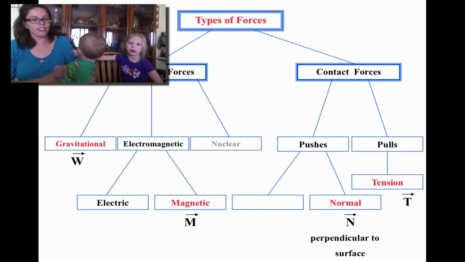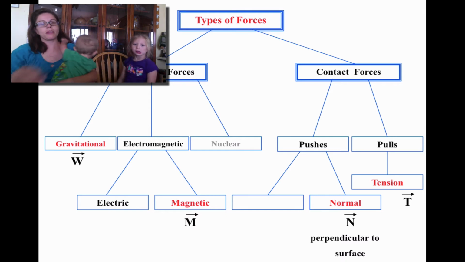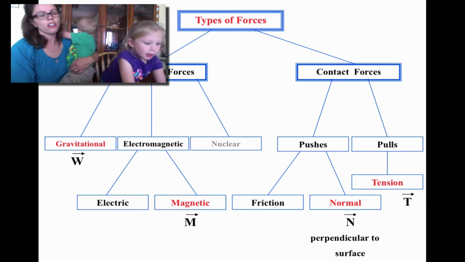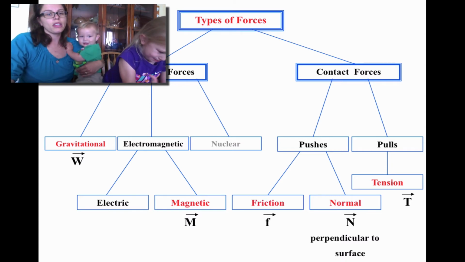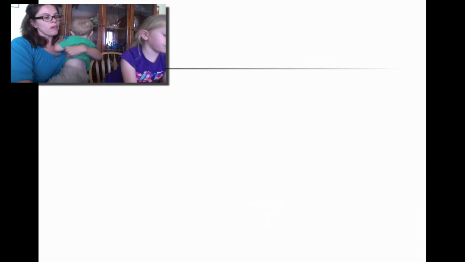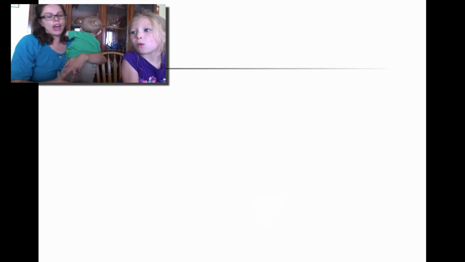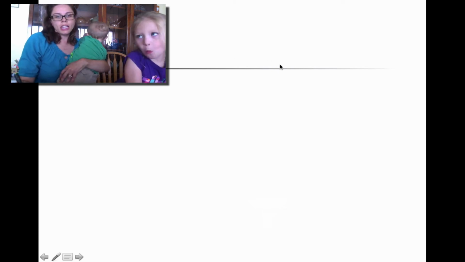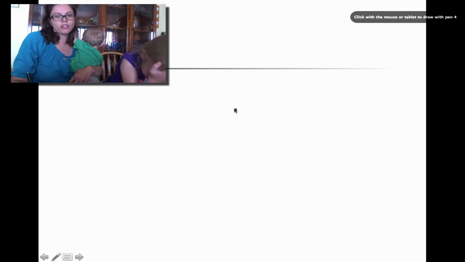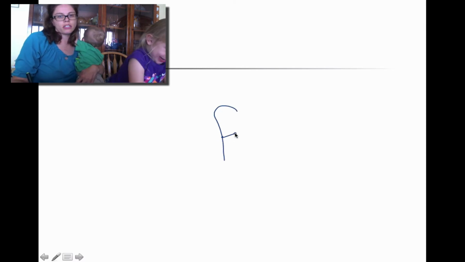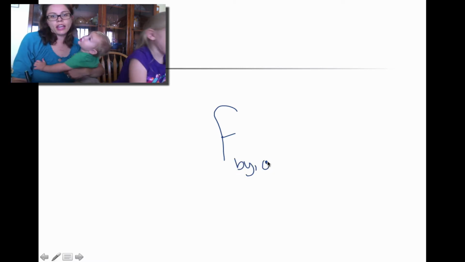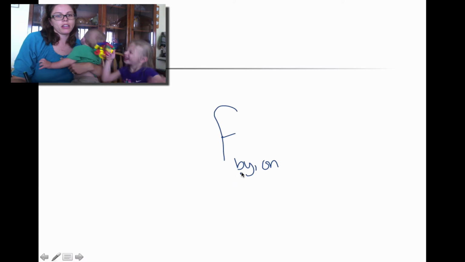And it just means perpendicular. The other type of push, which you may not have thought of as a push, is called a frictional force, and we denote that with a lowercase f. So the way that we denote forces is we'll write what type of force it is, for example a frictional force. And then we write two subscripts, by and on, with a comma in between.